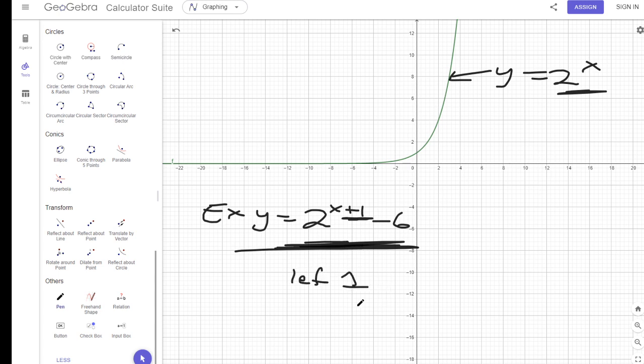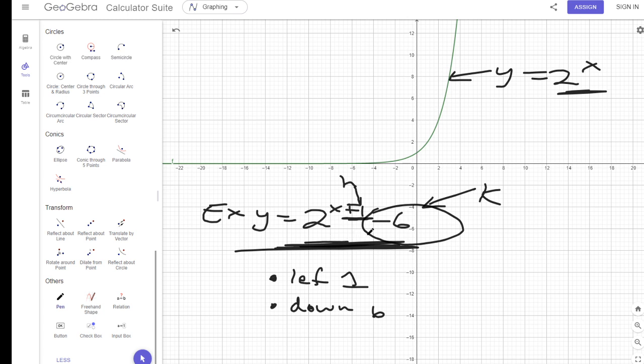Left 1 unit, that's going to be your horizontal change. And the number on the outside is that vertical change, down 6. In most of these examples, the number on the outside is considered the k. The horizontal change here, we use an h. So keep that in mind.